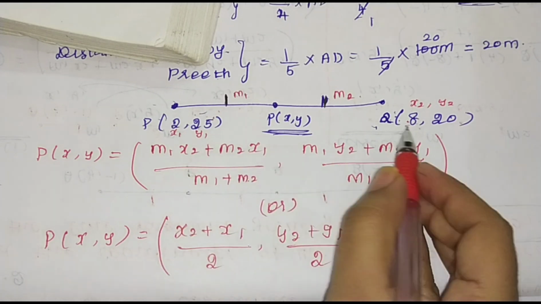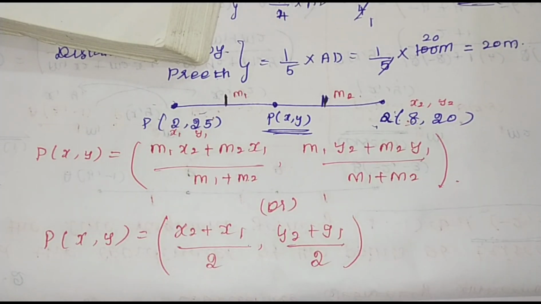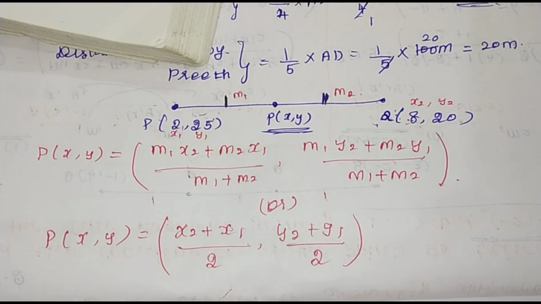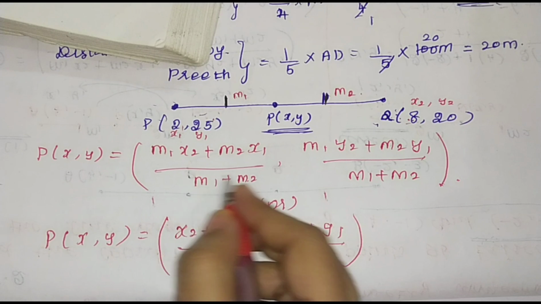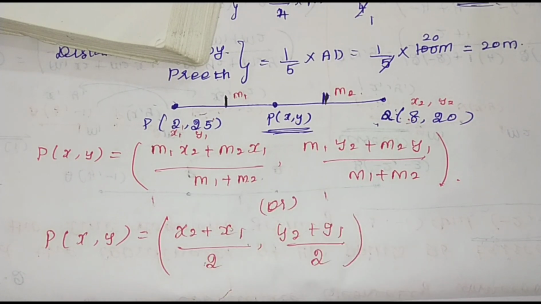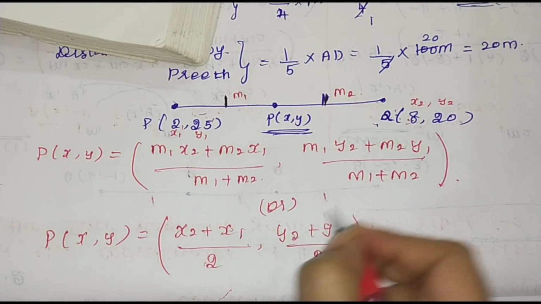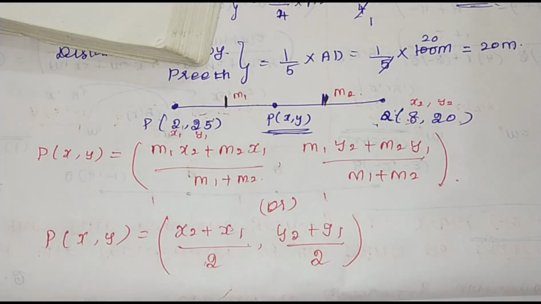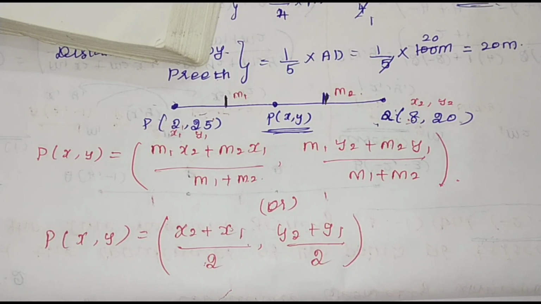Instead of x2 we write 8, plus instead of x1 we write 2, divided by 2. Instead of y2 we write 20, plus instead of y1 we write 25, and the denominator is 2.